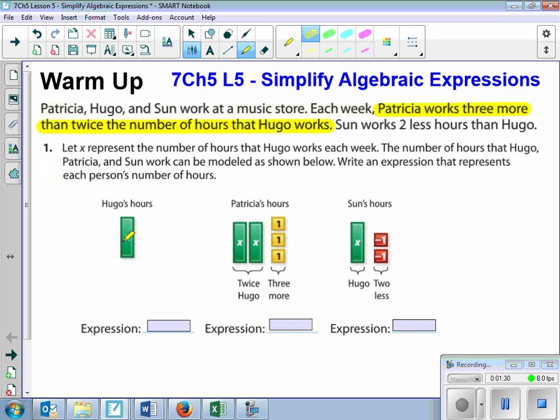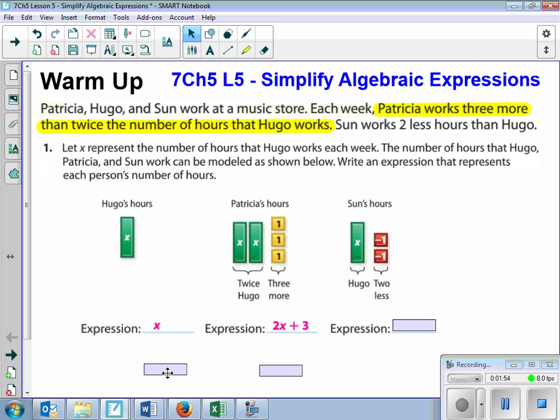So 2 x's. If I'm doing twice Hugo, then this expression is going to be 2 times x, and then we're going to add the other 3, so we've got 2x plus 3. I forgot to put over here, Hugo is just x.